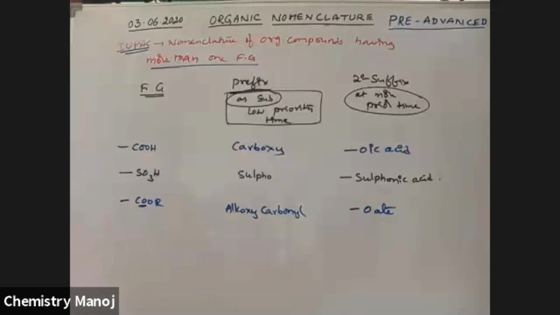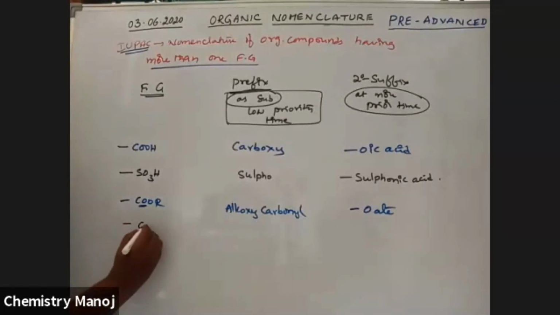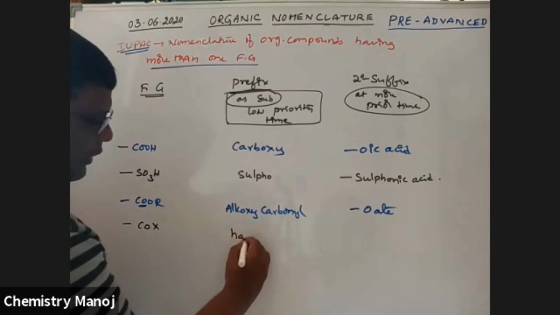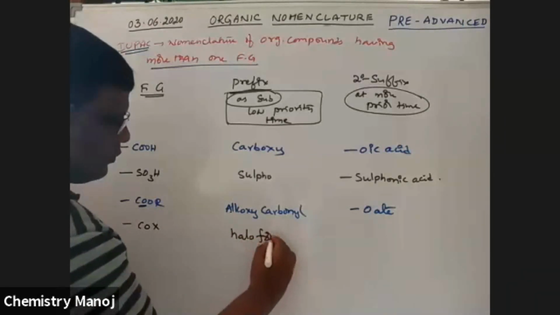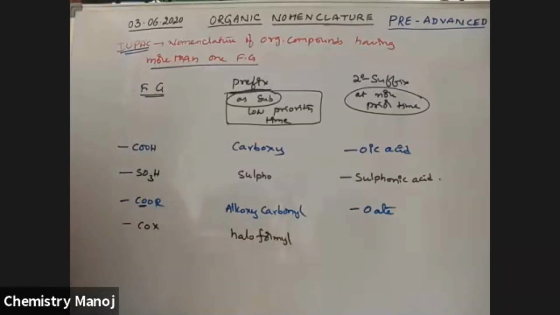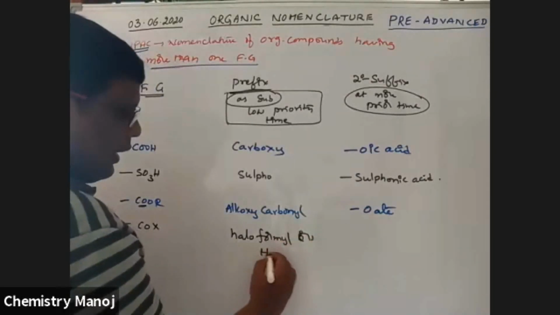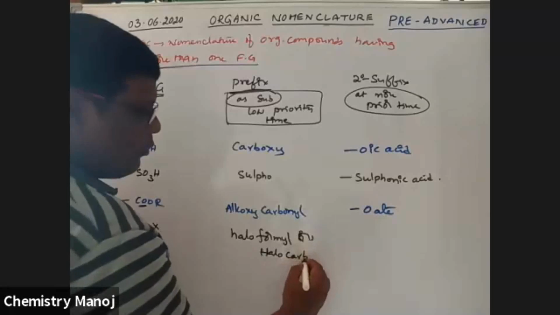Next, COX. That is COCl, the halo compound sign. COX is a haloformyl or halocarbonyl.